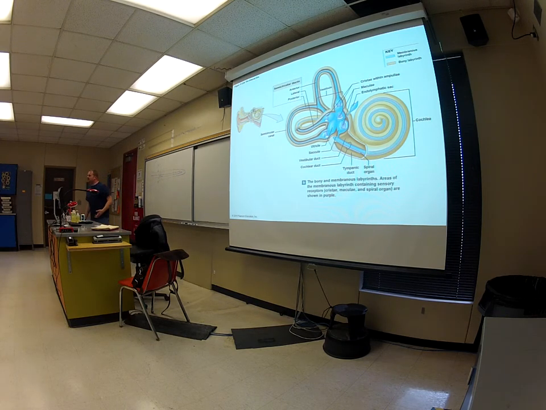If it does not land on this, it is a sound outside of your ability to hear. Go figure. So if it does not strike that, see the little blue thing? The spiral organ, the blue thing going around there? If it does not strike that, you cannot hear it. And depending on where it strikes is what you're hearing.